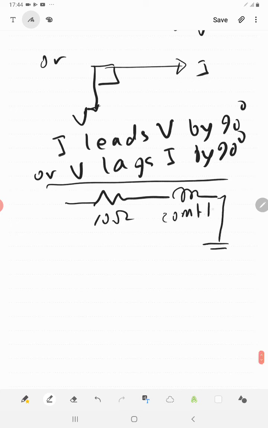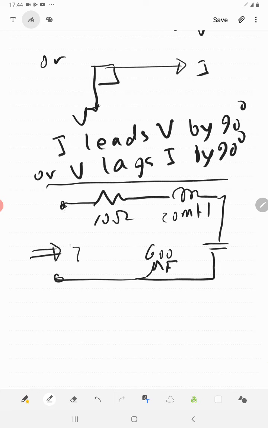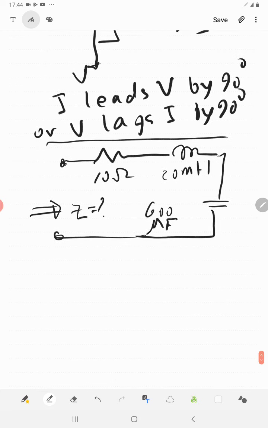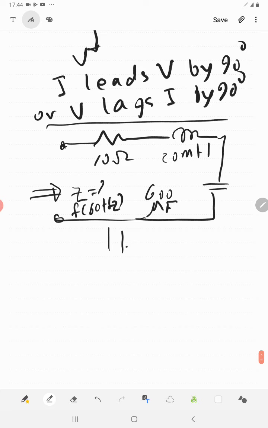And we have a capacitor, let's say 600 microfarad. And we want to obtain what is the value Z. Then, we must have a frequency, let's say 60 hertz. This is a frequency. So, solution.